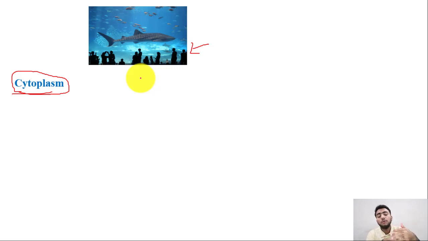You can think of them as various subcellular structures or organelles that are swimming or are fixed in particular places inside a cell. This aquarium is like a cell. And the water that's completely filling the aquarium is analogous to cytoplasm.